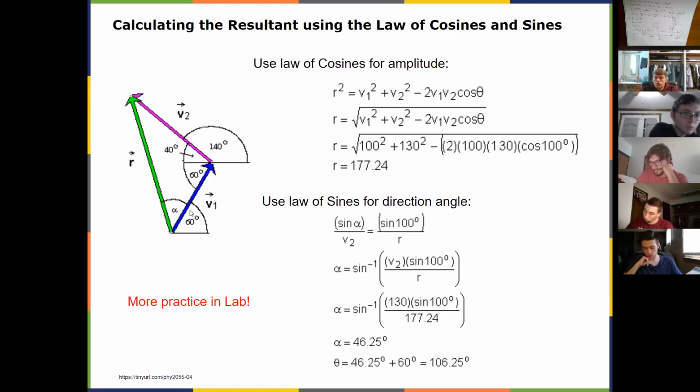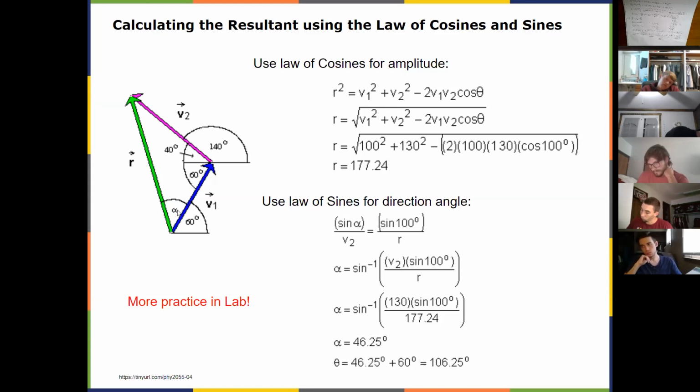Now, once you have that length, you should be able to figure out this angle, alpha here, right? Because now you know the length of 3 sides of the triangle, and then you know this angle. So you can utilize the law of sines now to figure out this alpha angle, all right?